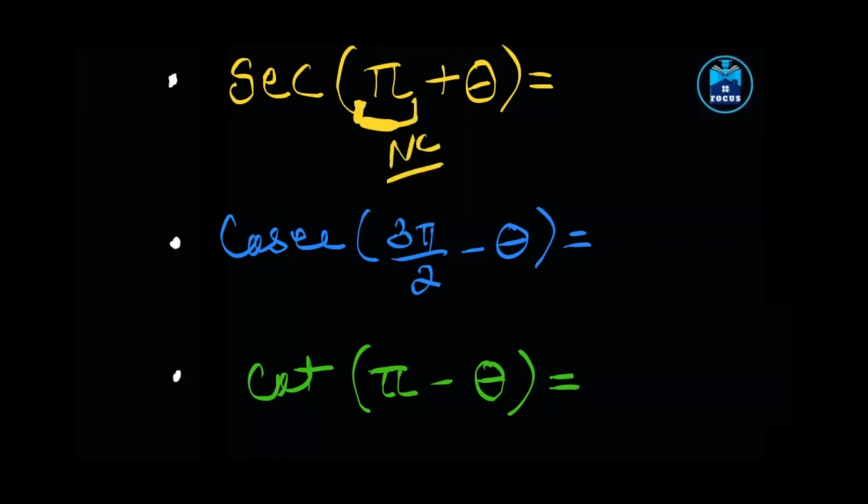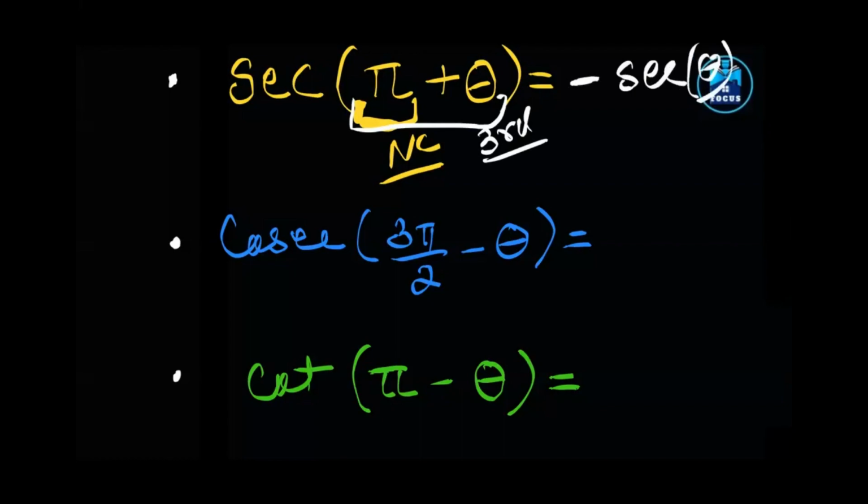And it's in the third quadrant. Very good. So in the third quadrant, it's only the tan family that's positive. So we are getting a negative sign, and sec will remain the same because it's no change. Yes, very good. Sec theta. Very nice.